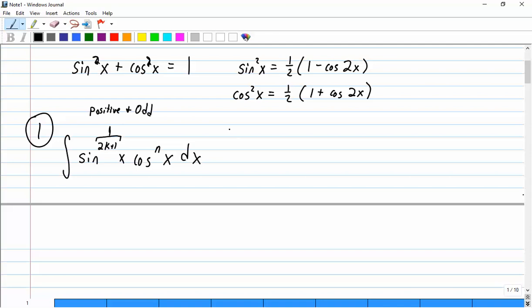So if you like to write that in words, we're going to take one sine of x term out to the side. Now that I'm writing it in words, it may not be the best English.